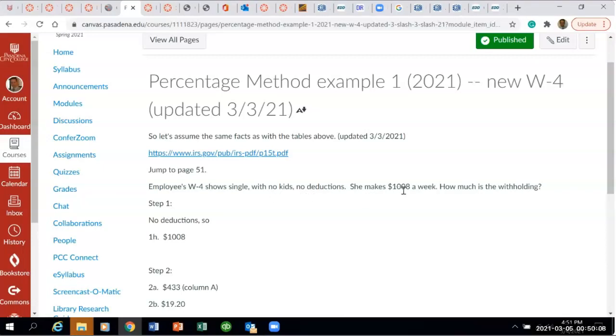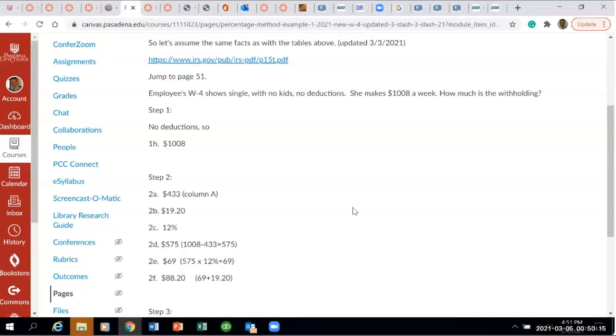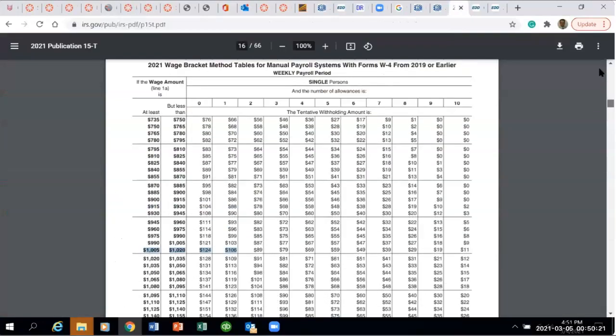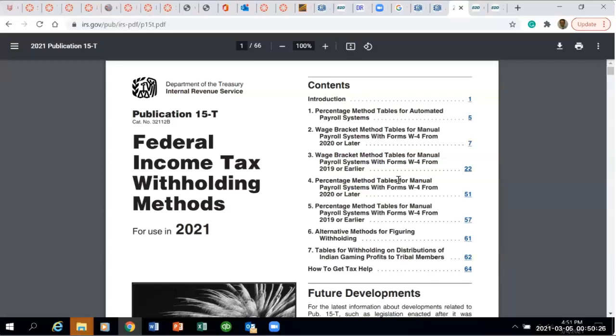She makes $1,008 a week. How much do you withhold? New W-4. Okay, so we go to publication 15. We go to new W-4, percentage method first, here.